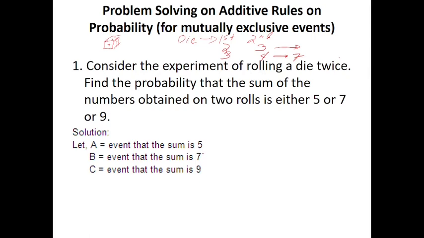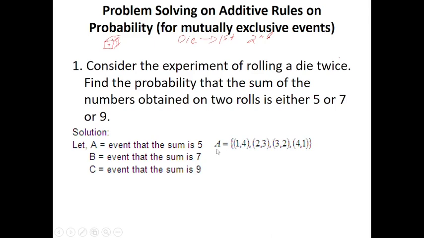That's an impossible event that both events will occur. That's why they are mutually exclusive. And the probability of their occurrence is 0 for mutually exclusive events. So in that case, we can proceed now. So here's the solution.